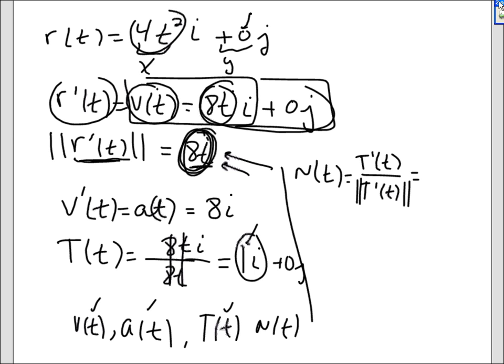And the j component is 0, and the derivative of 0 is 0. So you have 0i plus 0j. That's the zero vector. Its length is 0. So N of t is undefined.